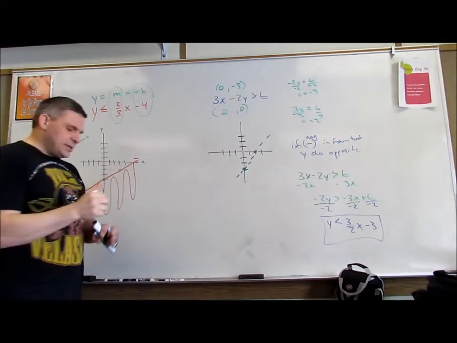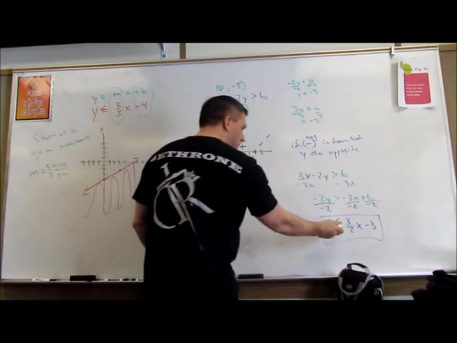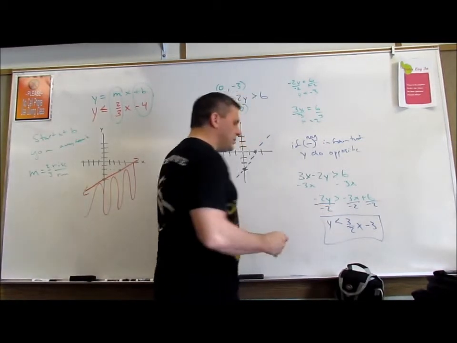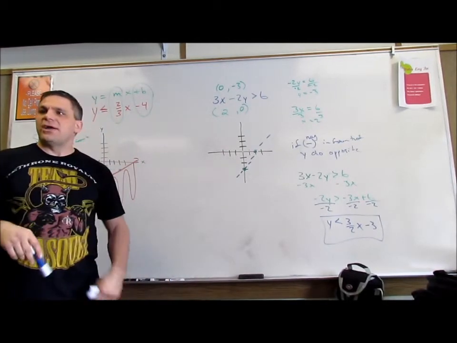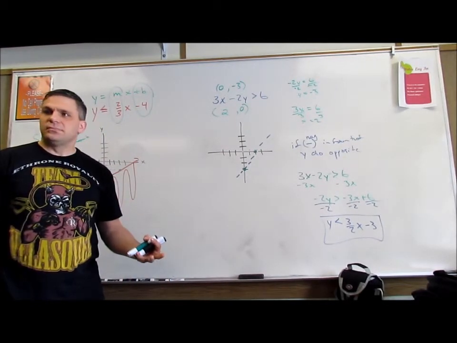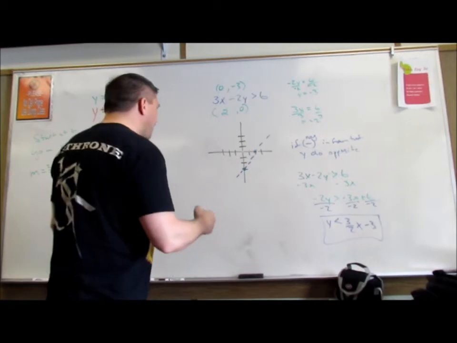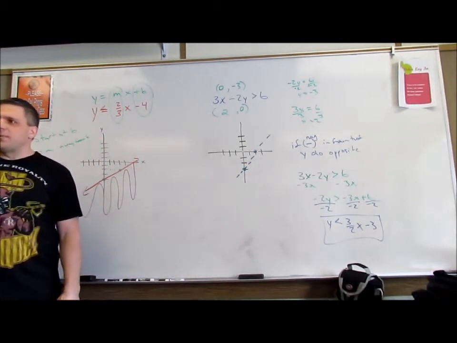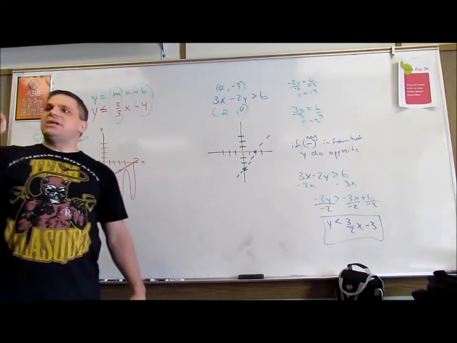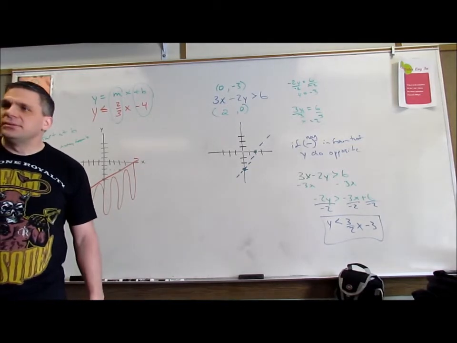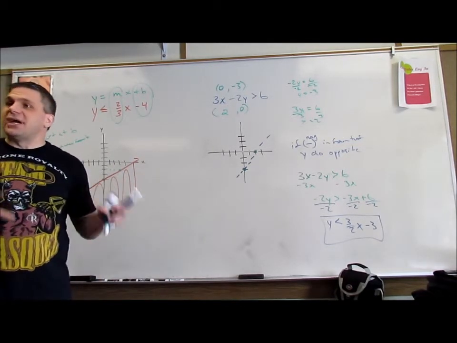The problem is, right here, when I divided by a negative 2, I flipped the sign. So an easy rule to remember is, if there's ever a negative in front of the y, do the opposite of what the sign says.